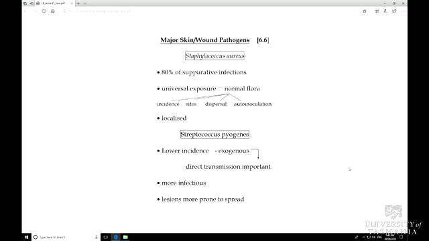Up to a third or even higher of people carry Staph aureus at any one time. You may be a long-term Staph aureus carrier, maybe a transient carrier. And if you're not a carrier, somebody near you is a carrier, and they disperse their organisms. So most times it's auto-inoculation, your own Staph aureus causing your own skin infection.